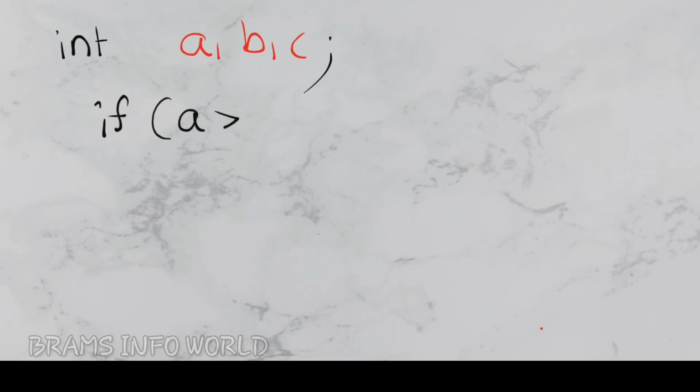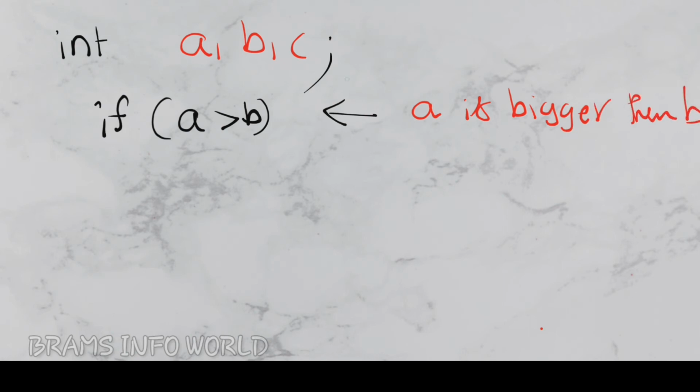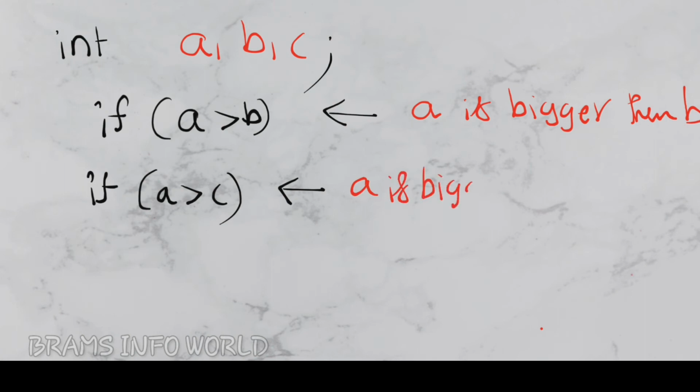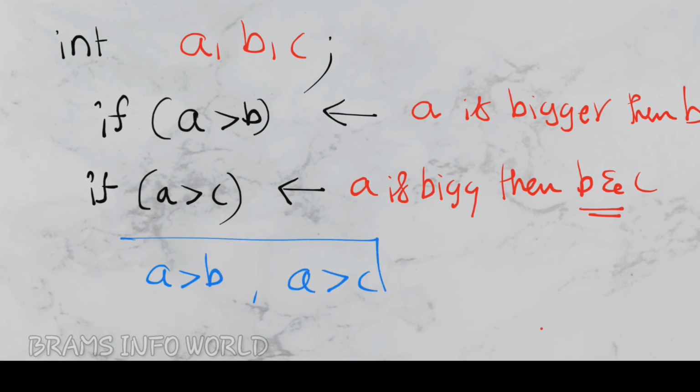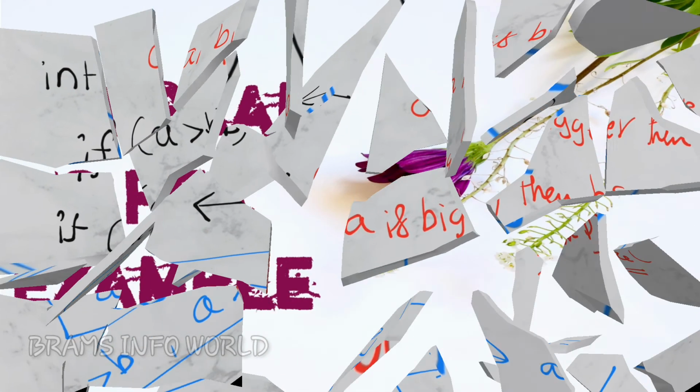If A is greater than B, then I'm going to write A is bigger than B. Similarly, if A is greater than C, then I'm going to write A is bigger than B and C also. Okay, so like that we have to assume the program. If A is greater than B as well as A is greater than C, then ultimately A is the bigger one.